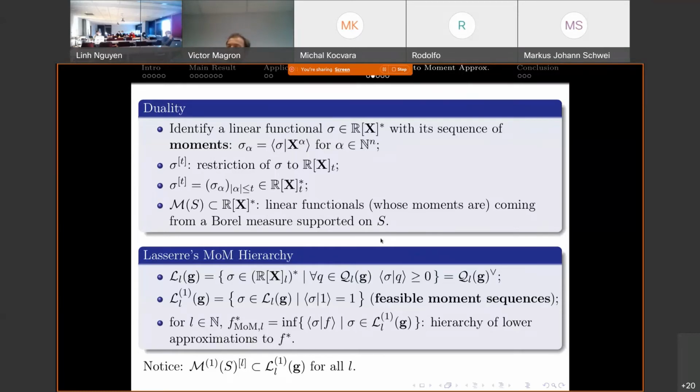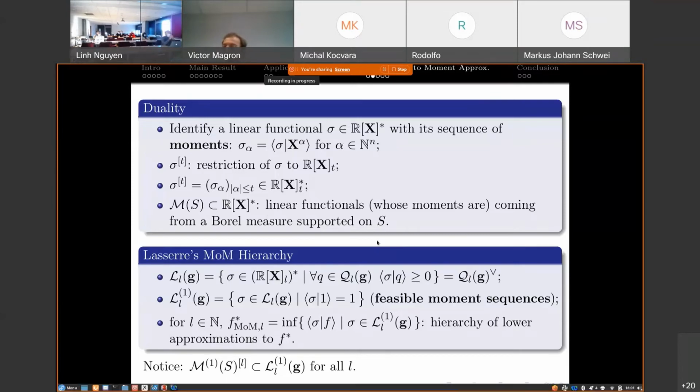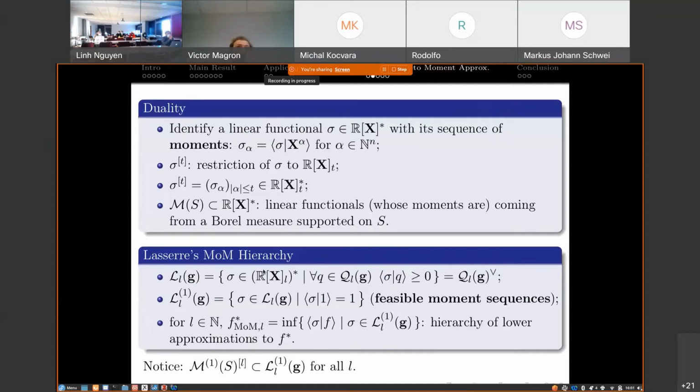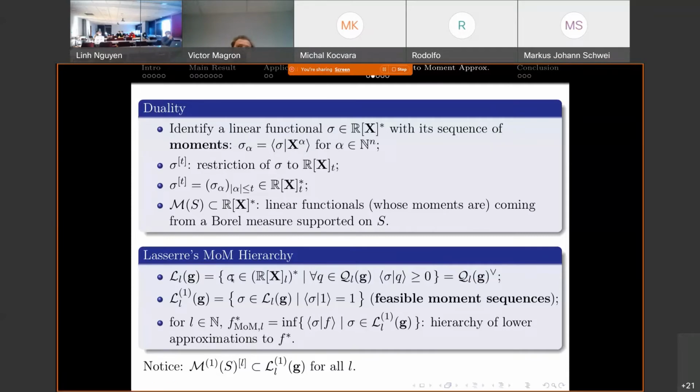And okay, I described the SOS moment hierarchy here. So we have L of G, that is the dual convex cone of the truncated quadratic module QL of G. And these are the linear functionals such that for every Q in the truncated quadratic module, sigma applied to Q is bigger or equal than 0. And then to define the hierarchy, we need to take an affine section of this.